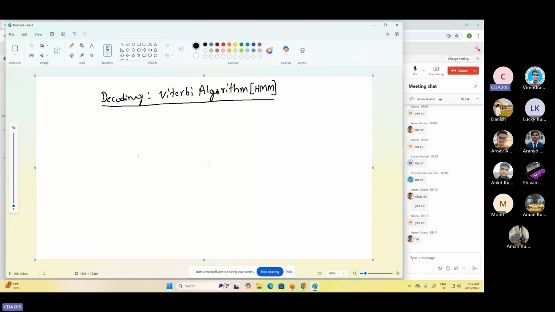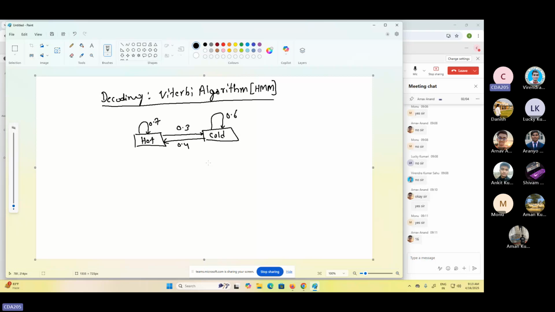Let us take one example, the same example. This is hot and this is cold. Hot to hot, it is 0.7 probability. Cold to cold, it is 0.6. Hot to cold is 0.3 and cold to hot is 0.4.